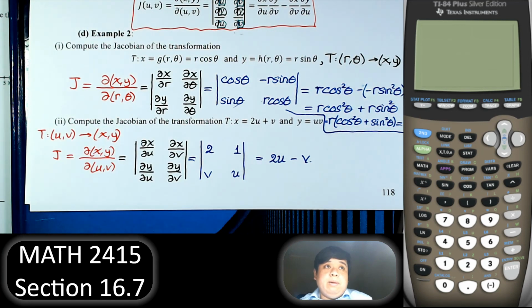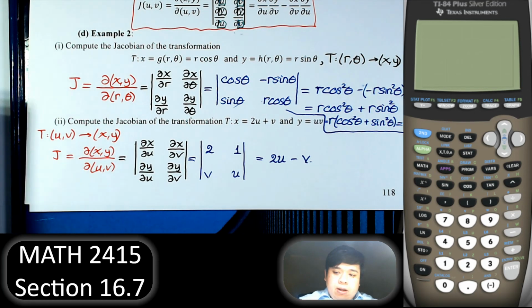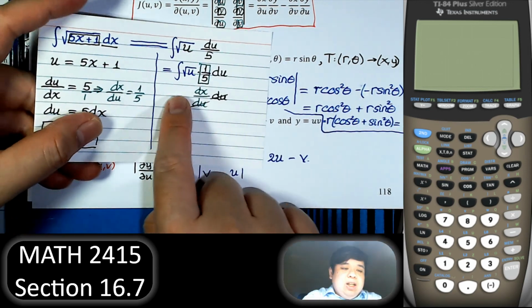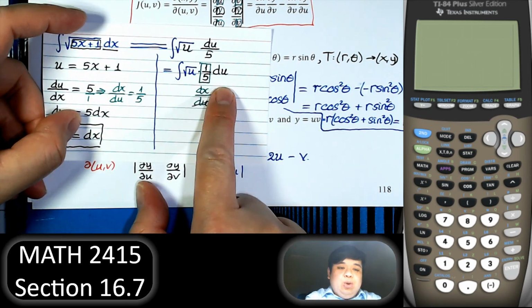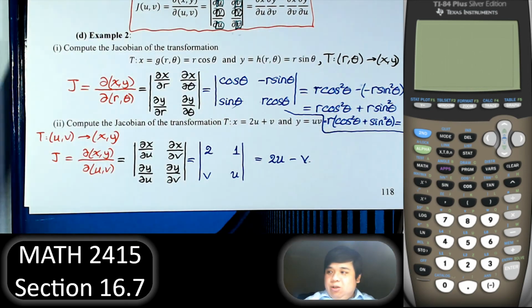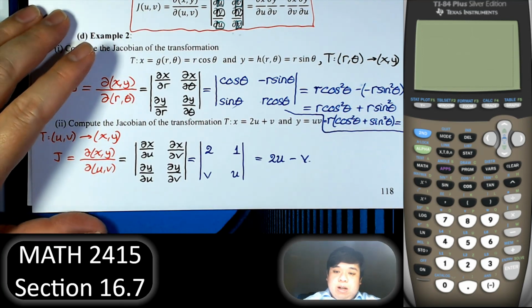That is the Jacobian, or the Jacobian determinant. Right, so simple enough, right? And of course we need that to go from the dx to the differential of something else.